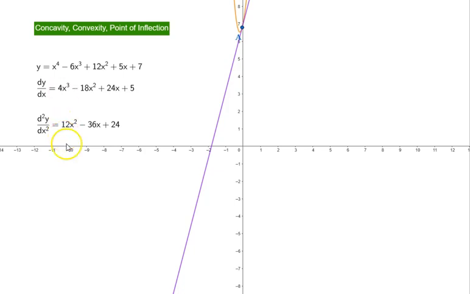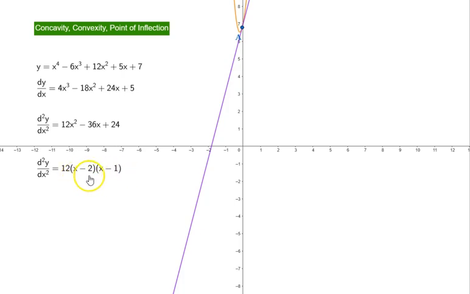We get 12x square minus 36x plus 24. Now we have to see whether the second derivative is greater than 0, less than 0, or equal to 0. So before we actually look at that, let's factorize it.